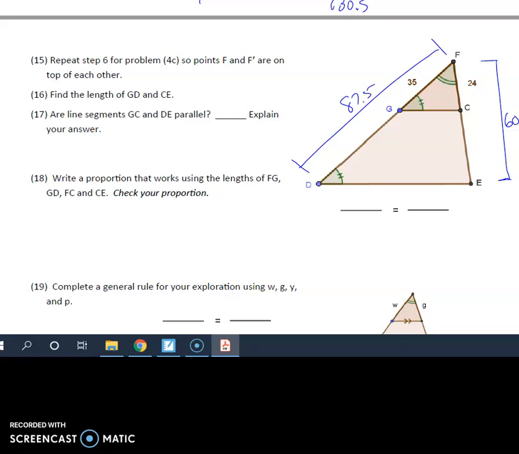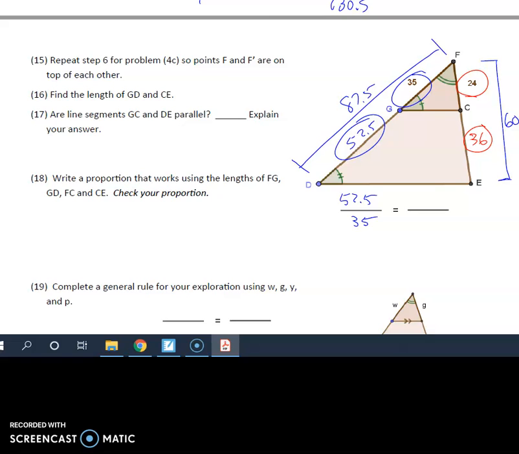All right, so the 87.5, take away the 35, what I'm left with is 52.5. So those are the two sides I'm going to make the one portion out of. And then the other side, we take 60, take away the 24, and what we're left with is 36, and that is going to be my second piece.